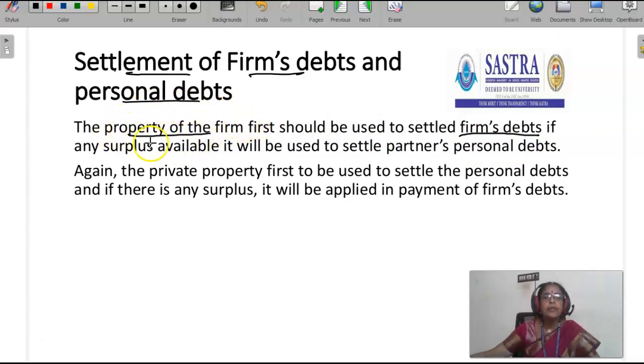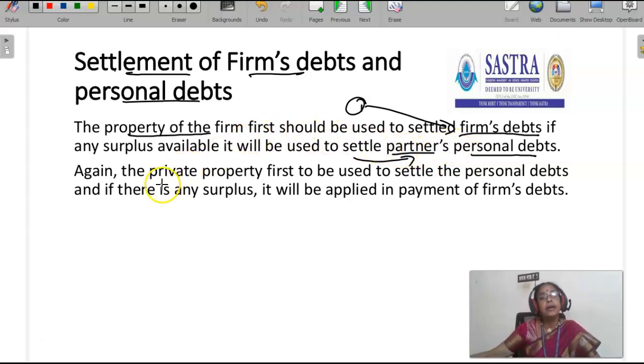So, firm property should first be used to settle the firm's debts. If any surplus is available after settling the firm's debts, then it can be used to settle partners' personal debts.